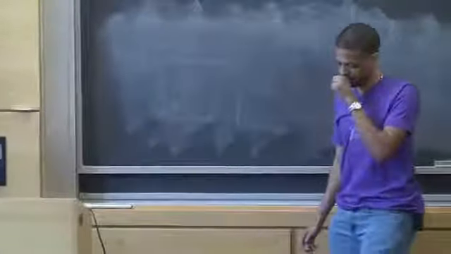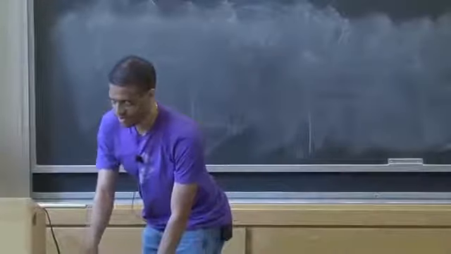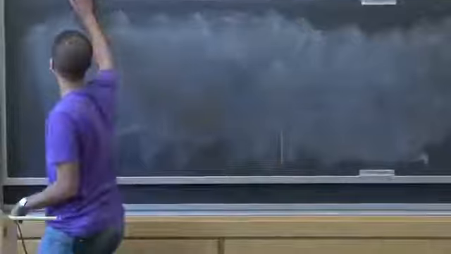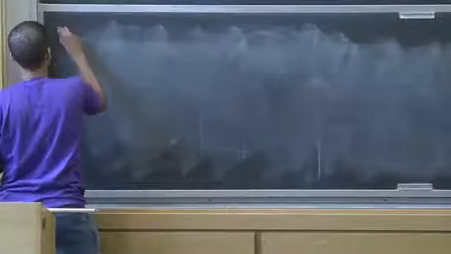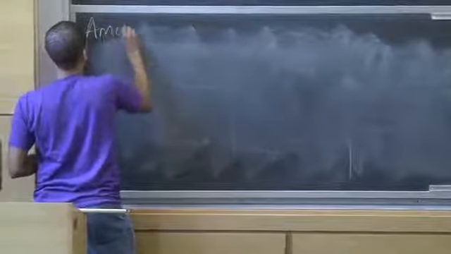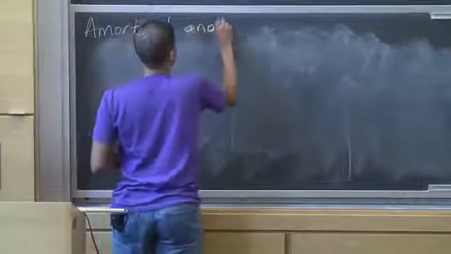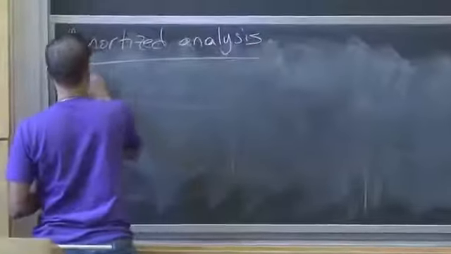Okay, so we're going to start a different topic today. We're not going to operate in word RAM anymore, at least for now. We're going to look at amortized analysis. And we're going to start off with data structures.